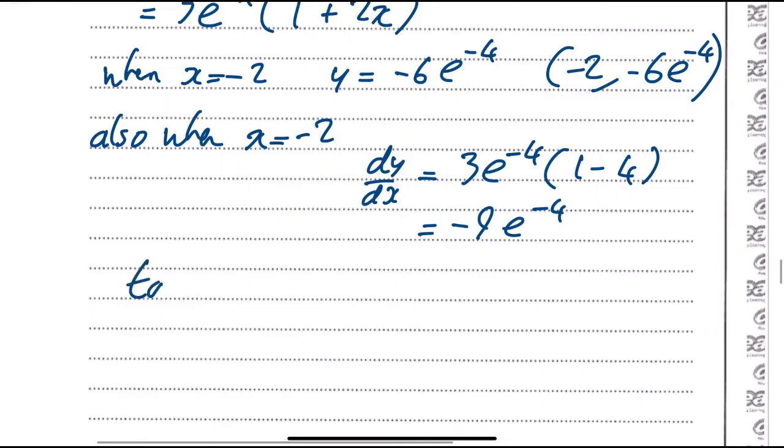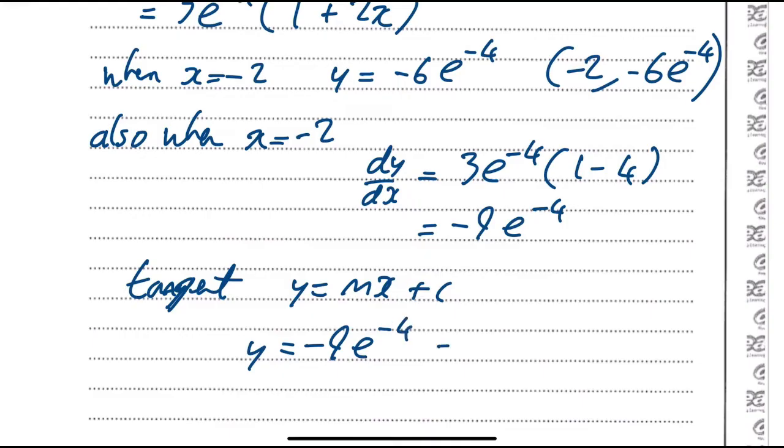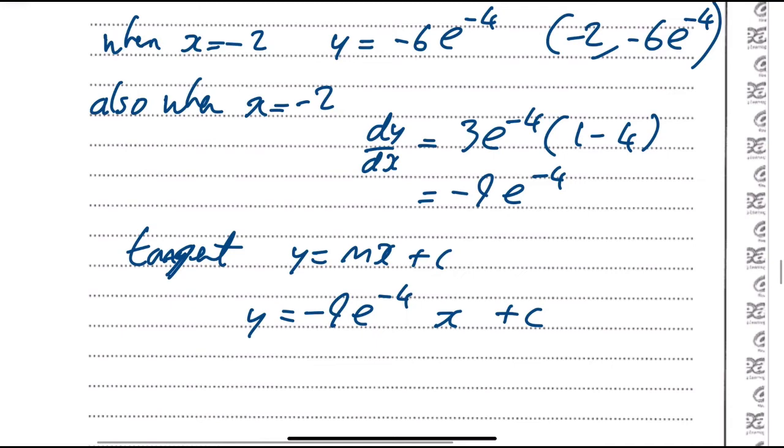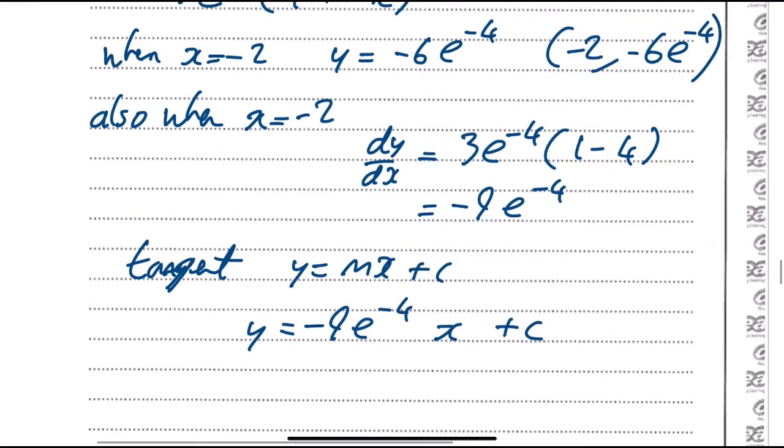So your tangent, remember why we're doing all this, the equation of your tangent is y is equal to mx plus c. So you know that's y is equal to minus 9e to the minus 4 times your x plus your c. And then we want to sub in our point. So the point, you can just see it on the top of the screen there, just about.